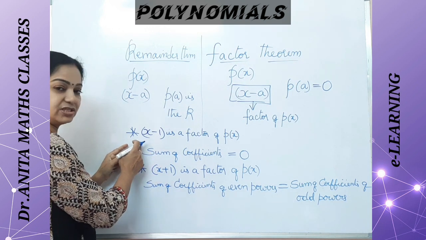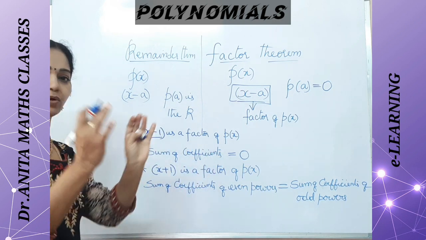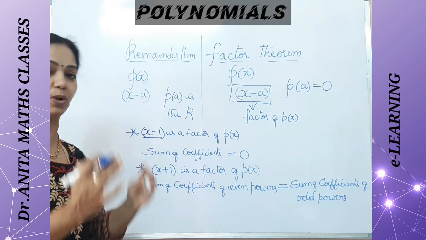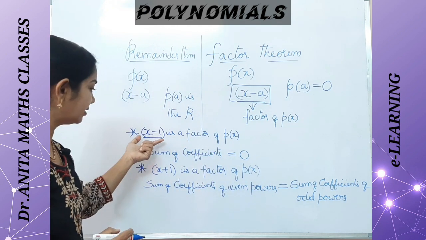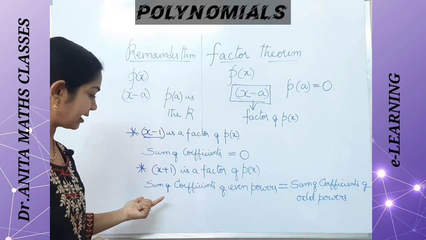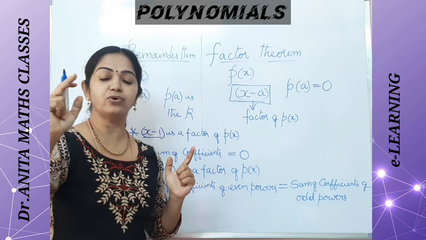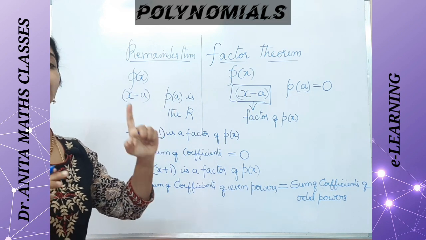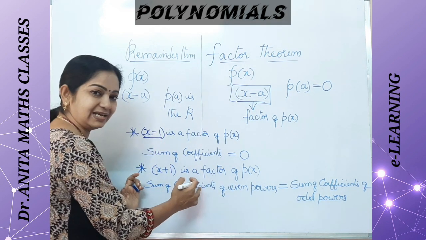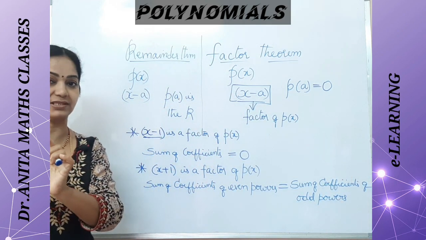Here, the first condition is that if x minus 1 is a factor, the sum of the coefficients of all the terms is equal to 0. And for the sum of the coefficients of even powers, so 2, 4, 6, all those are even powers, you take those coefficients to one side, and the coefficients of the odd powers of x to the other.